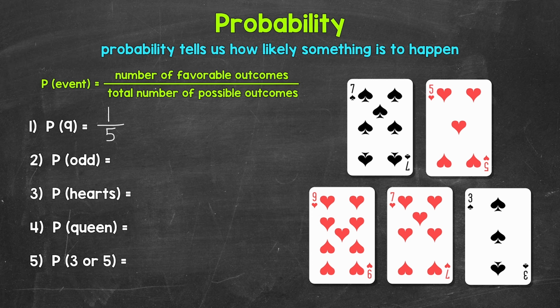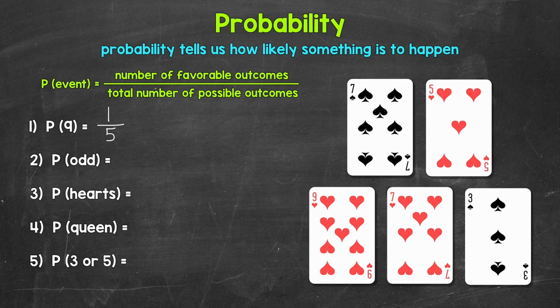So 5 is our denominator. We can pick any one of those 5 cards. So we have 5 possible outcomes, 5 possible results. That's our fraction, 1 over 5, 1/5. And that's our probability. We have a 1 out of 5 chance of picking a 9.